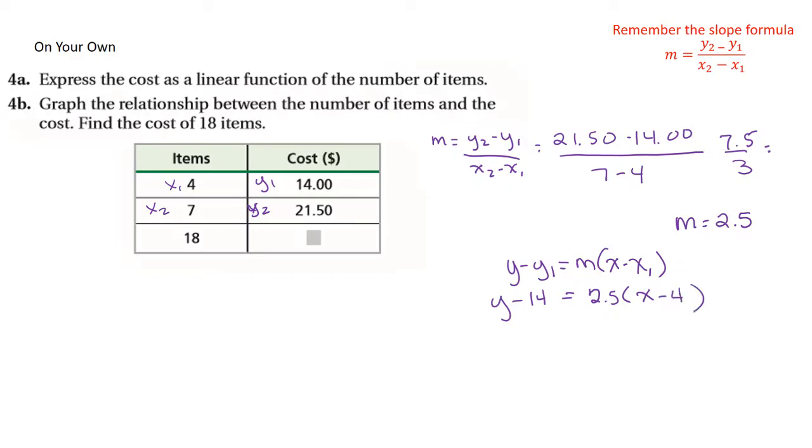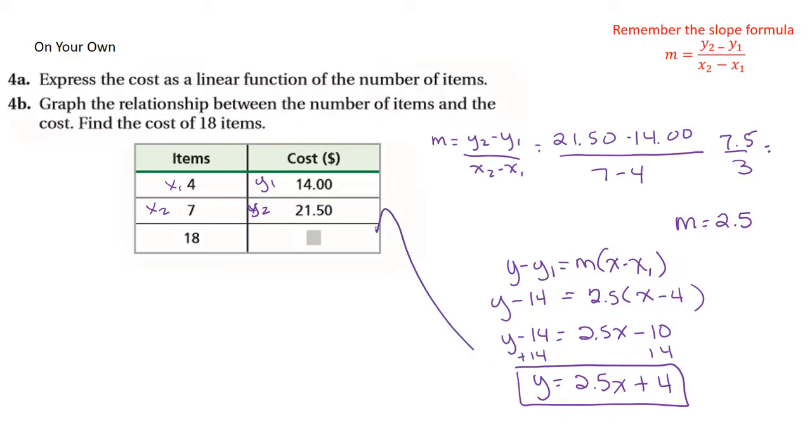Now let's distribute everything. y minus 14 equals 2.5x minus 2.5 times 4, which is 10, so minus 10. We still haven't got it into slope-intercept form, so let's add 14 to both sides. So y equals 2.5x plus 4. Here is our equation for this function.